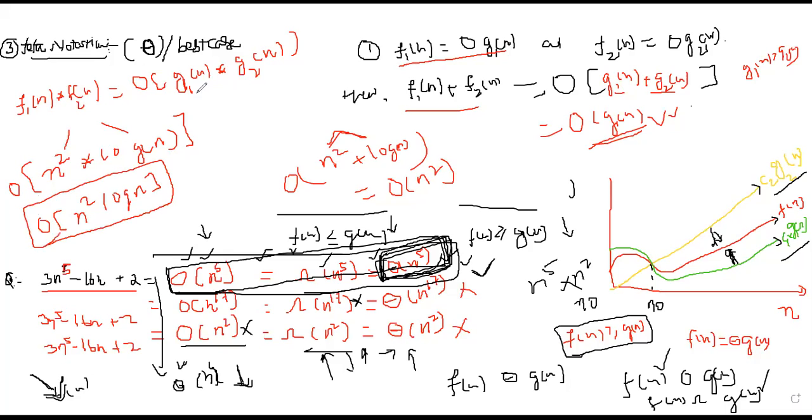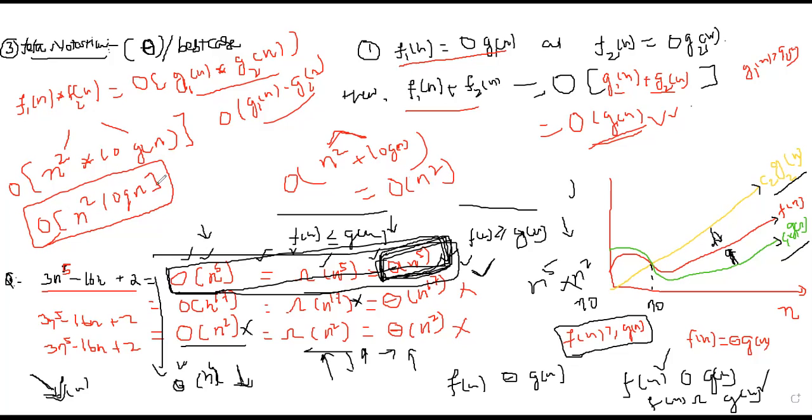Here you simply multiply, and whatever function comes after multiplication is the result; it will be order of g1(n) dot g2(n). Clear? But in case of addition, what do you have to choose? The function which is taking the larger value, the function with the greatest value.